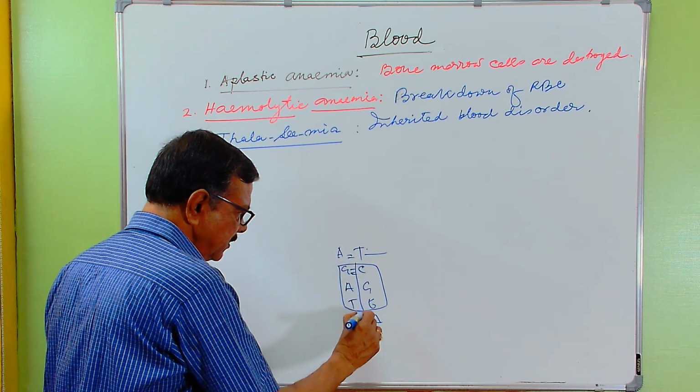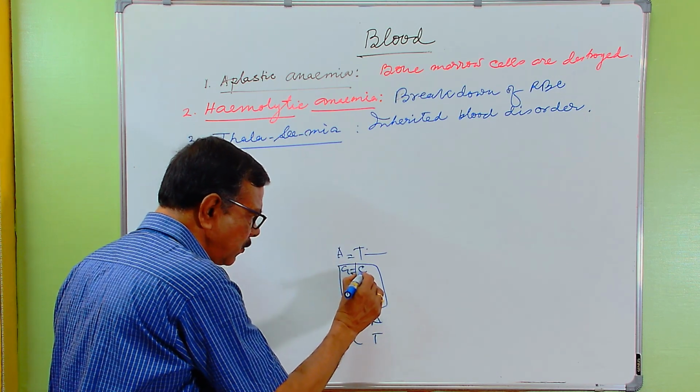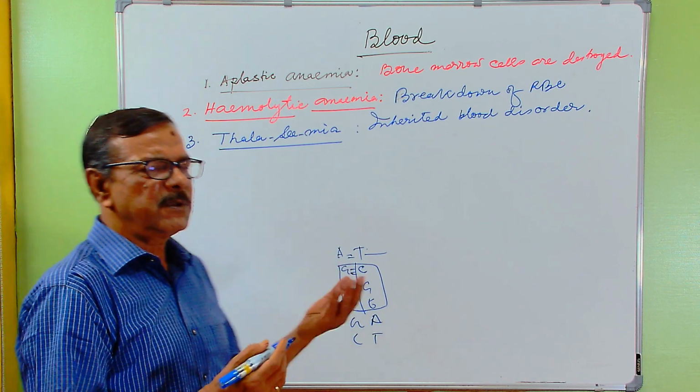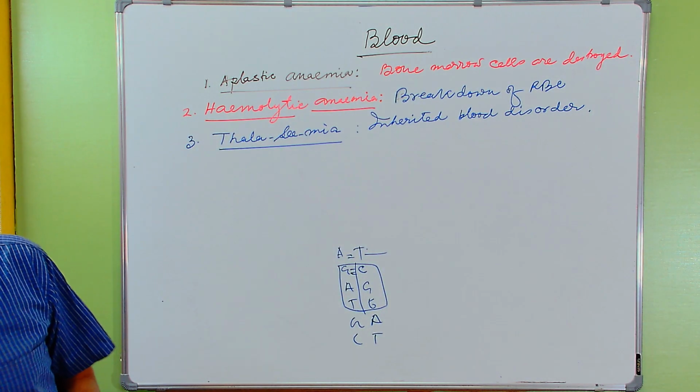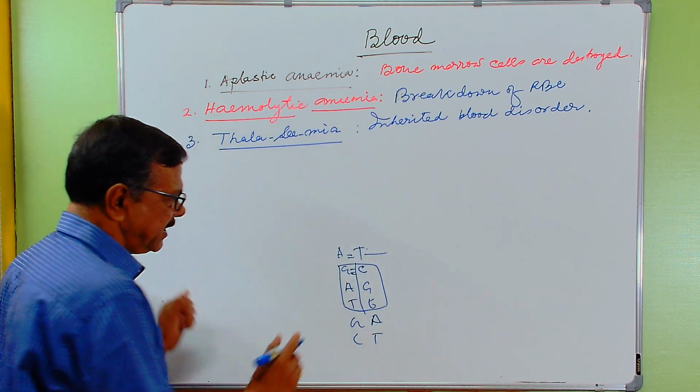This codon is responsible for the formation of hemoglobin. This codon gets mutated.